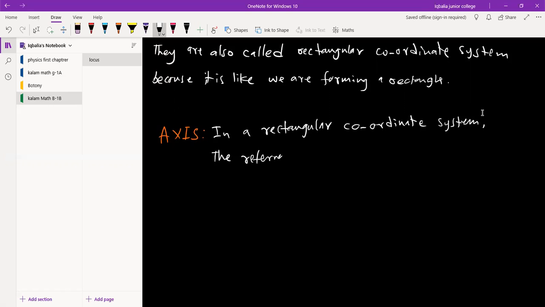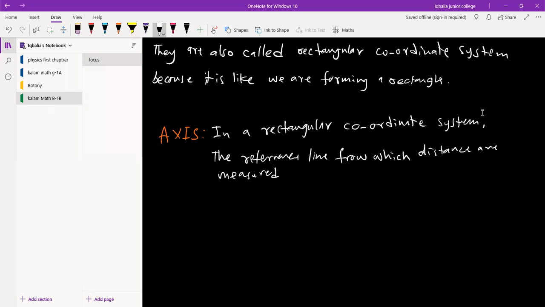The reference line from which distances are measured.